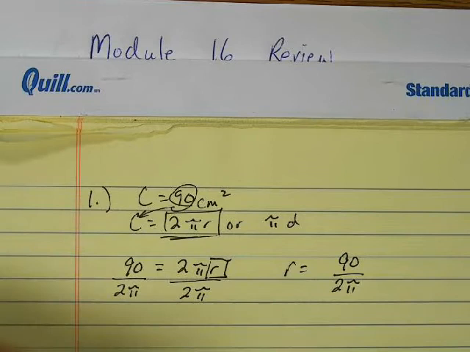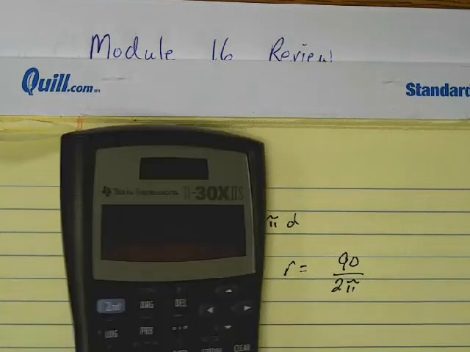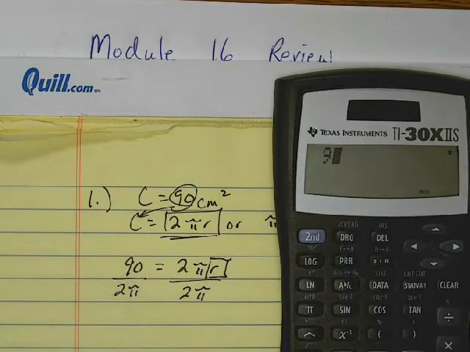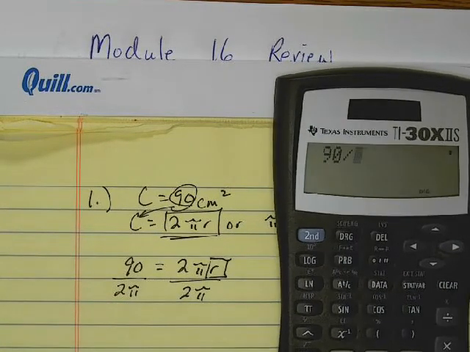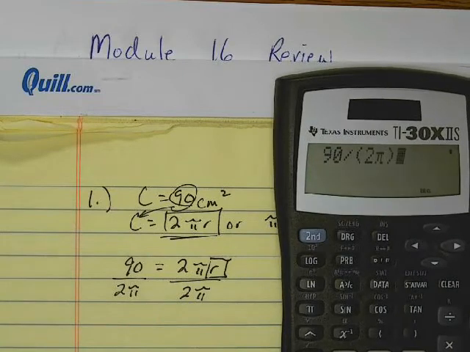All right, here we go. 90 divided by 2 pi. Notice how I put that into the calculator with parentheses next to each other. 14.3.